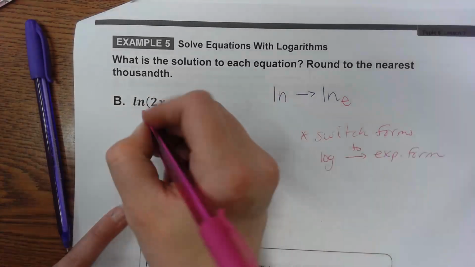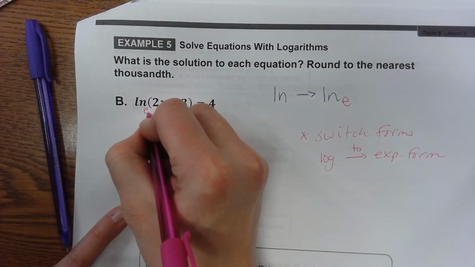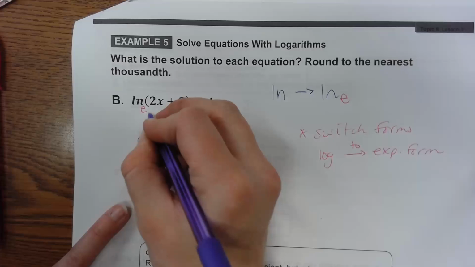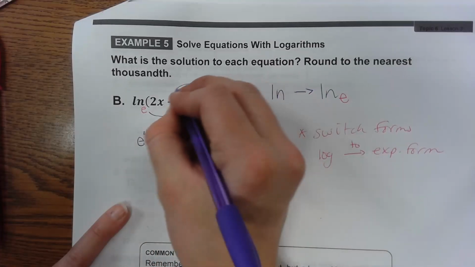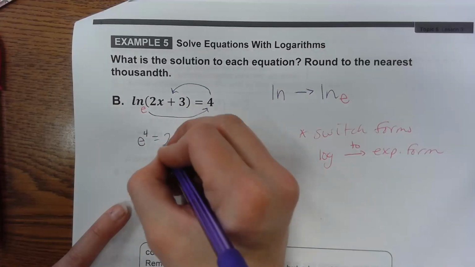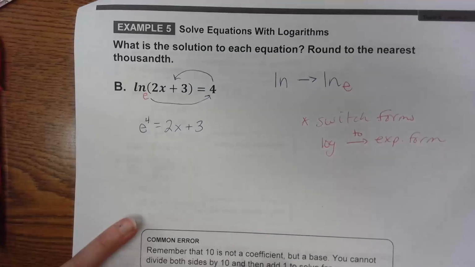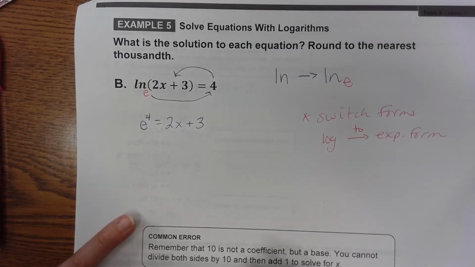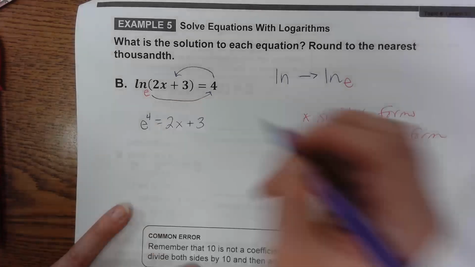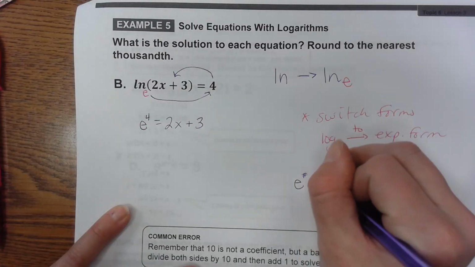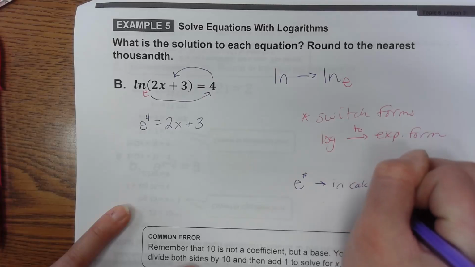So I'm going to put my e in here, and we really have e raised to the 4th equals my argument of 2x plus 3. Now remember, e to a number is in your calculator. That's another number.